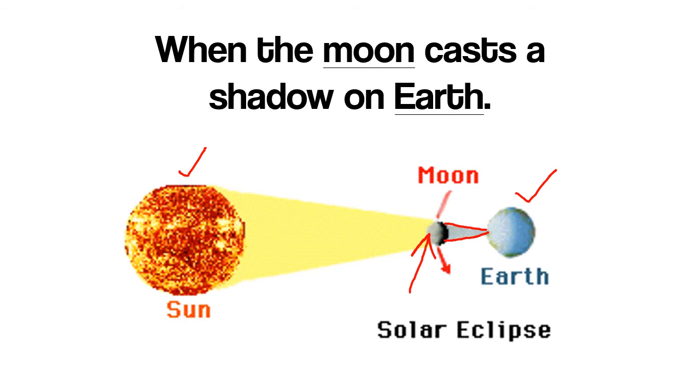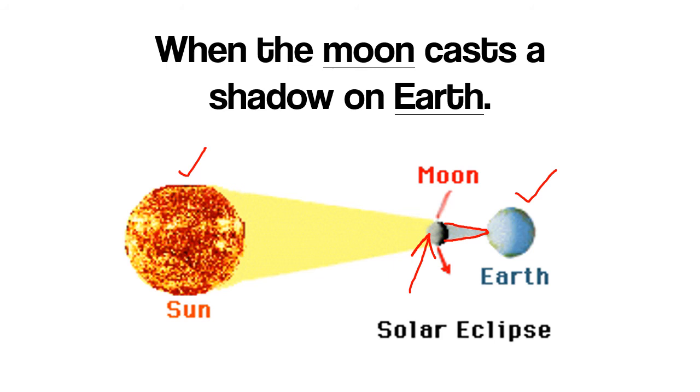Now, solar eclipses, and you can see here, are very, very tiny, okay? So they're not going to affect the whole entire Earth, and that's why solar eclipses tend to be more rare, especially for the area that you live in. So that's why that eclipse we had several years ago was such a big deal, because it was one of the first ones we've had in decades here, even close to Georgia.